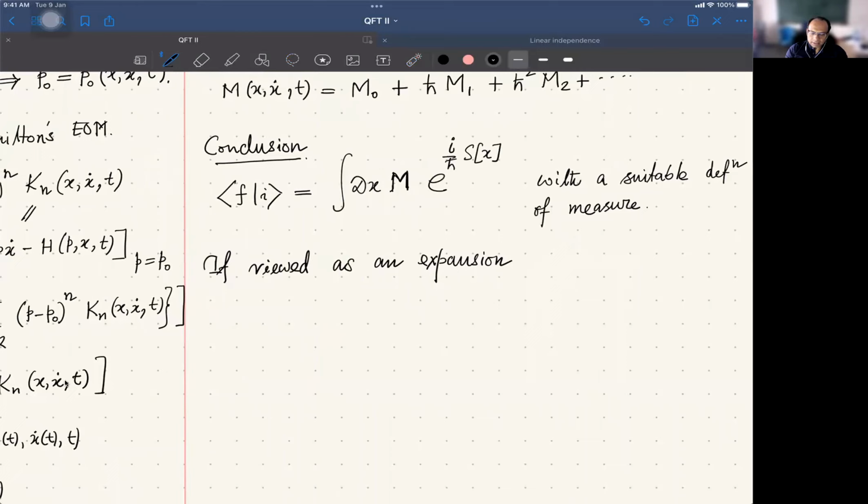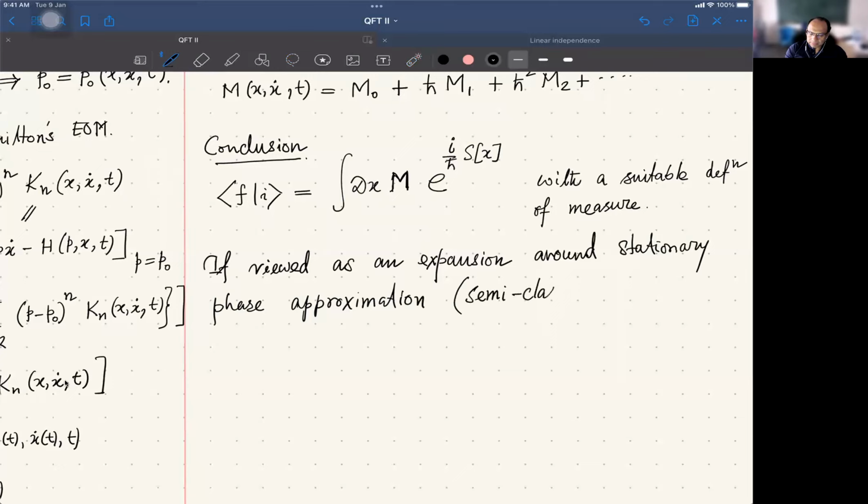So, viewed as an expansion around the stationary phase approximation, this is basically an extended, lengthy way of saying what people usually refer to as semi-classical expansion.